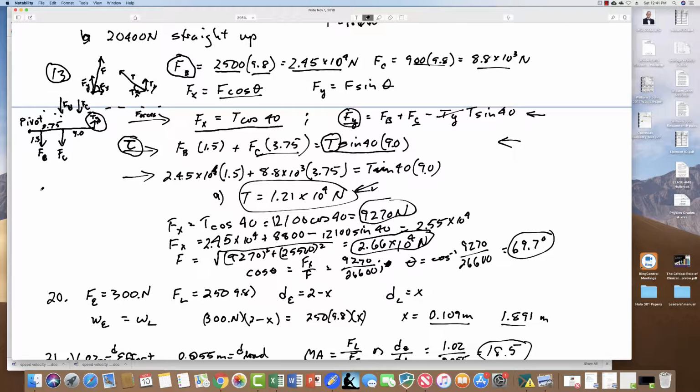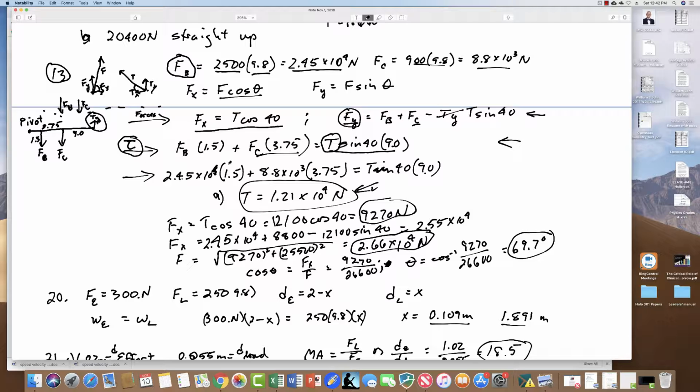And there are two clockwise components: the weight of the bridge times its distance of 1.5, and the weight of the car times its distance, which is 3.75. So that's shown here.